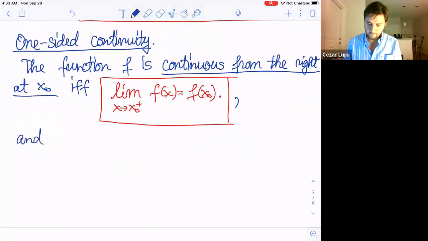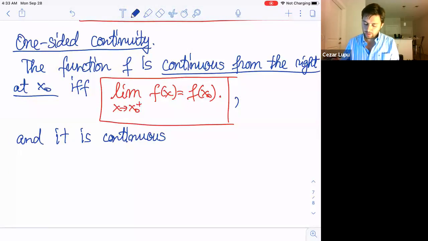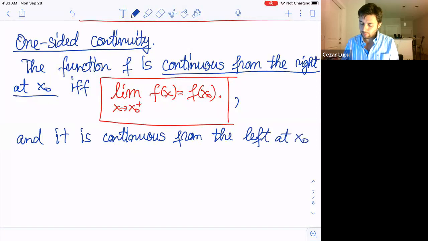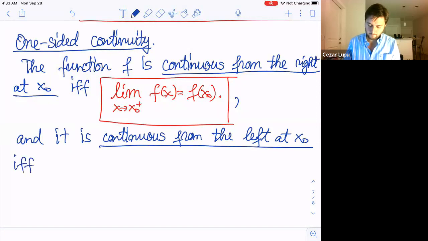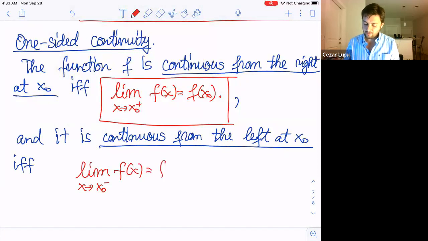And f is continuous from the left at x naught, right? If and only if, well, guess what? The limit as x approaches x naught from the left of f of x will be again f of x naught.